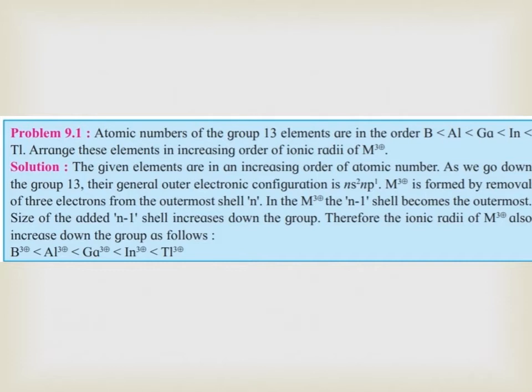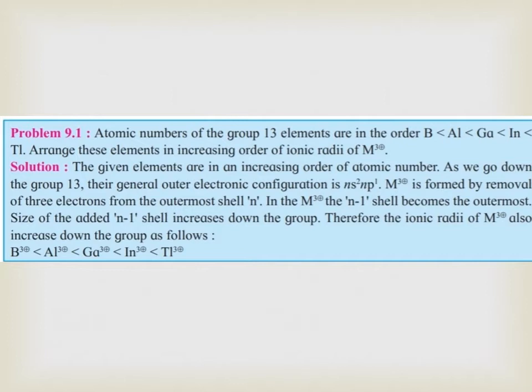When 2 electrons are removed, it will acquire 2+ charge. When 3 electrons are removed, it will acquire M3+ charge. As group 13 elements have 3 electrons in the valence shell, when all 3 electrons are removed, it will acquire M3+ charge.